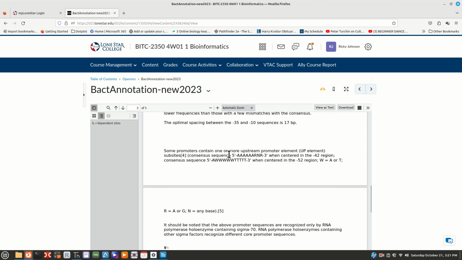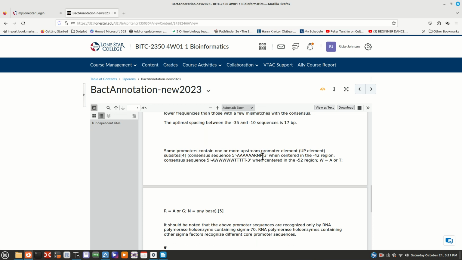Now, some promoters contain one or more upstream promoter elements. You should also look for those. One of them is this at -42, which is a bunch of A's and then some pyrimidines.